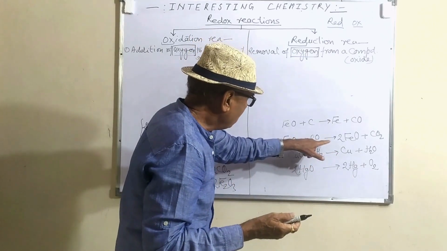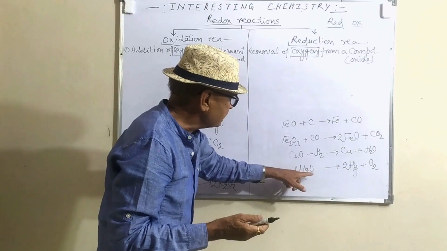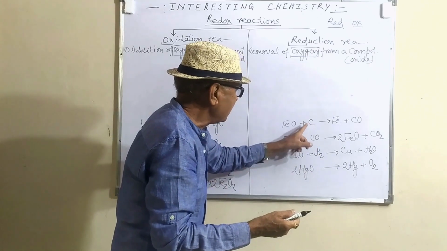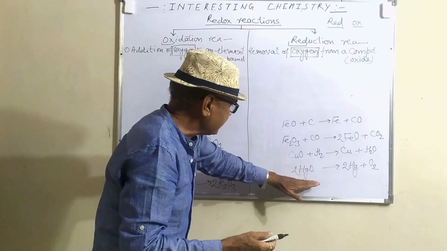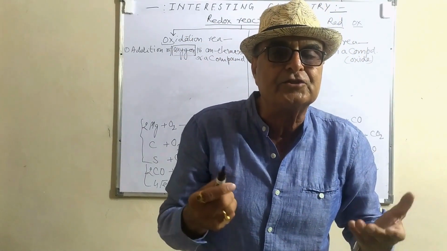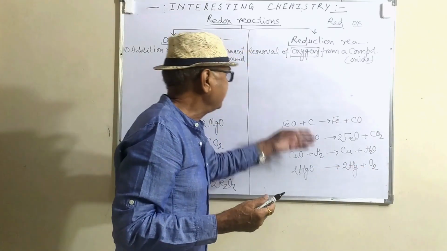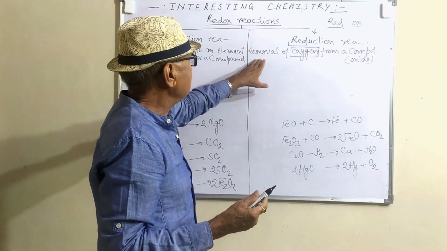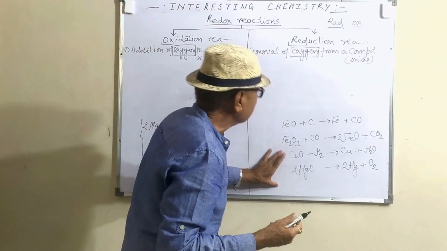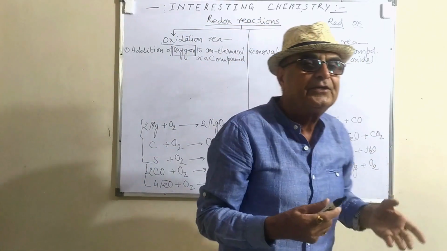So here in all these reactions, this oxygen is removed by some other chemicals, carbon monoxide, hydrogen. Here HgO, when heated, is dissociated into mercury and oxygen. So in this way, the removal of oxygen from a compound, in the form of oxide, is called reduction.